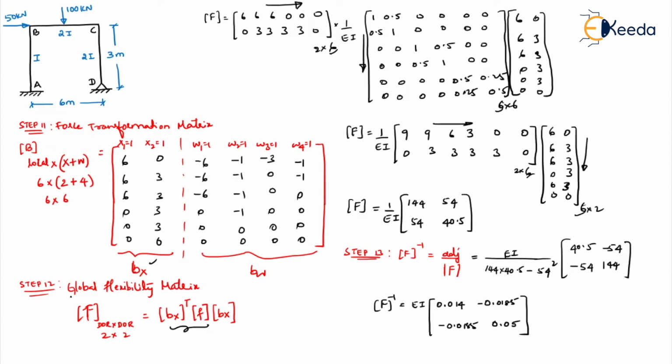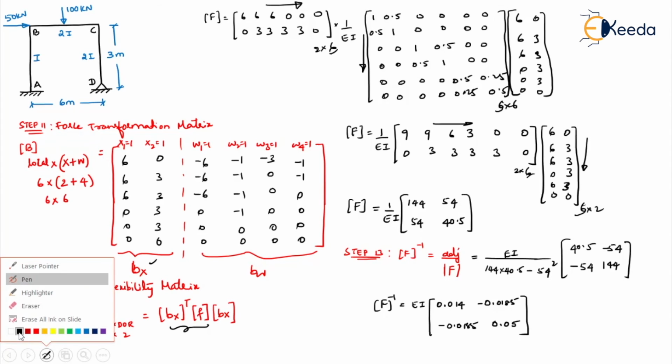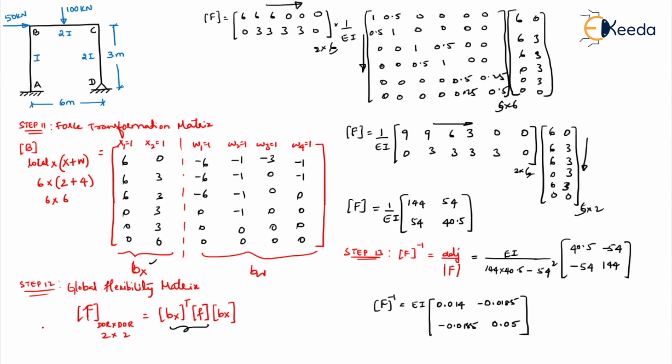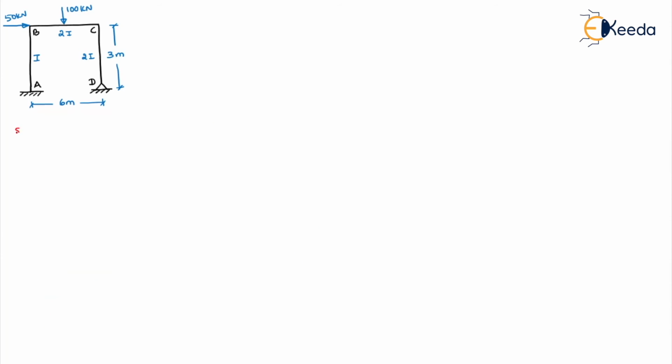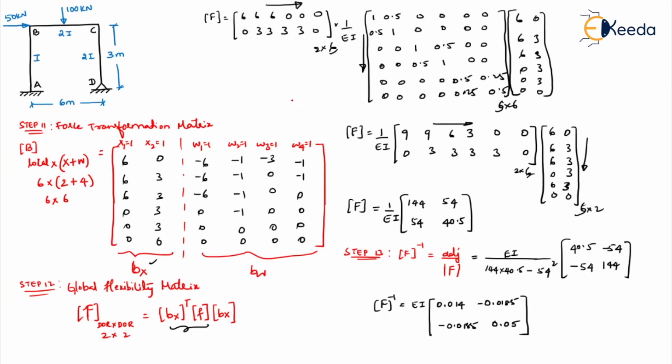So once you are done with your F inverse, what should you find next? Step 14. Step 14 is to find your Fw, which is Bx transpose into small f into Bw. Already we know Bx transpose into small f, we have found out here.